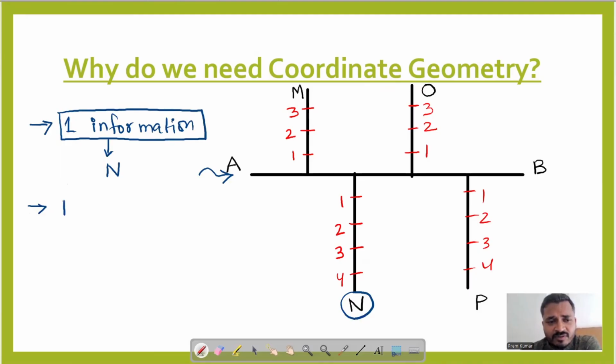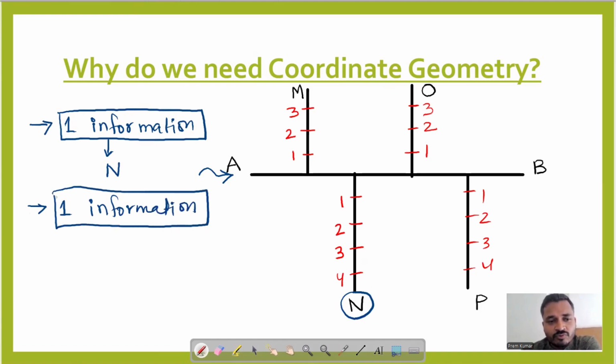But if we give him one more piece of information, and that is the house number. Suppose you live in house number 3 of street N. So you have given one more piece of information, that is house number 3. Now tell me, will he deliver your parcel easily? Yes.